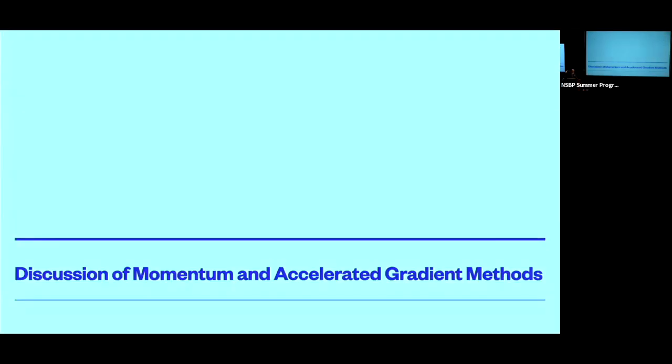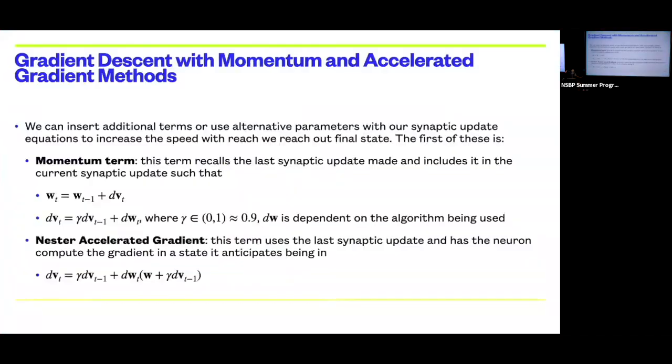And we'd like to do a brief discussion of momentum and accelerated gradient methods, where these are essentially additive terms you can use in your model to make it reach its optimal solution relatively faster or with more stability.